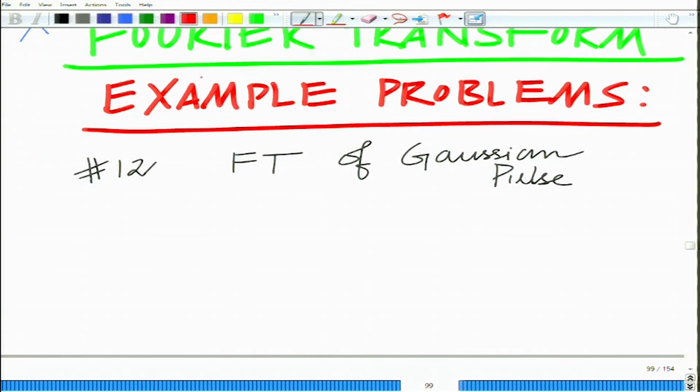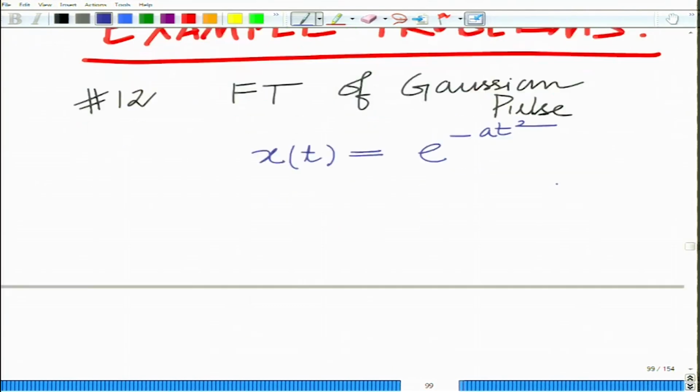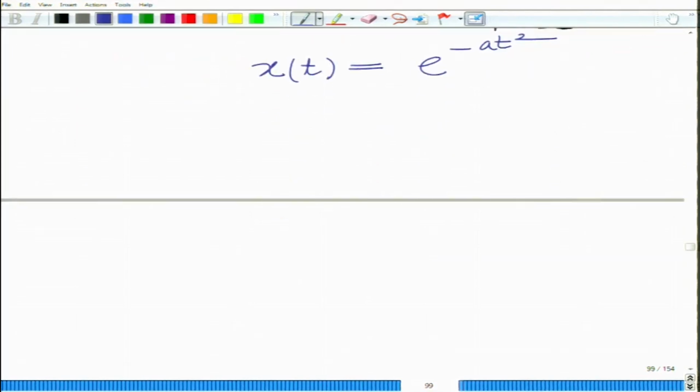FT of Gaussian pulse, and by the Gaussian pulse we mean a signal x(t) which is of the form e raised to minus a t square. This is a Gaussian pulse, okay, and this looks as follows: e raised to minus a t square.